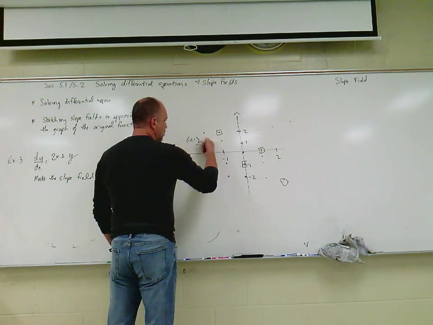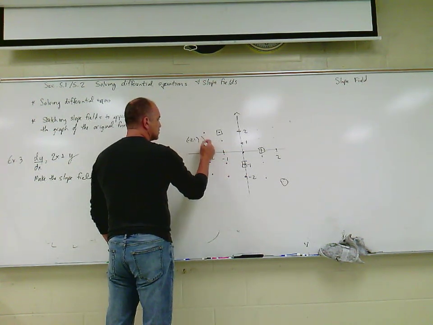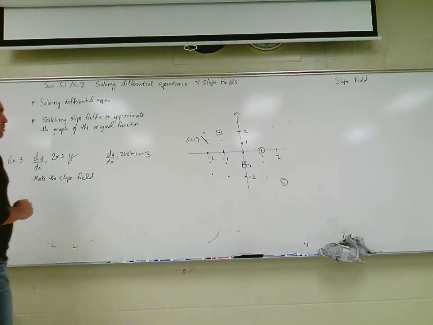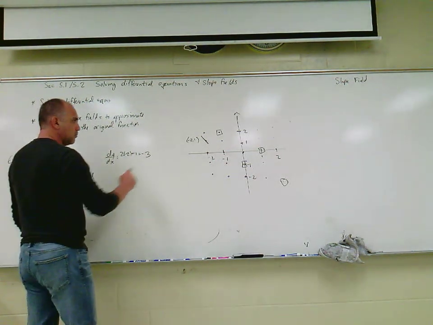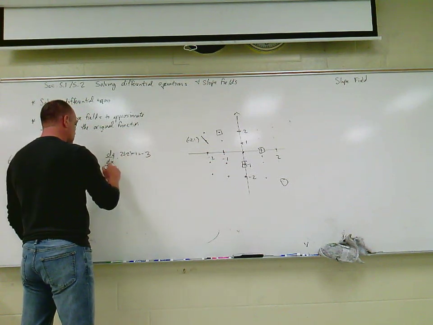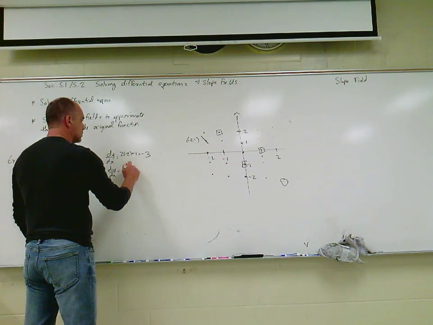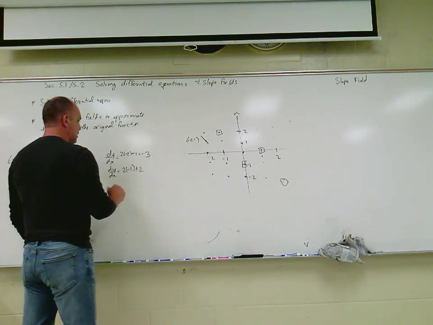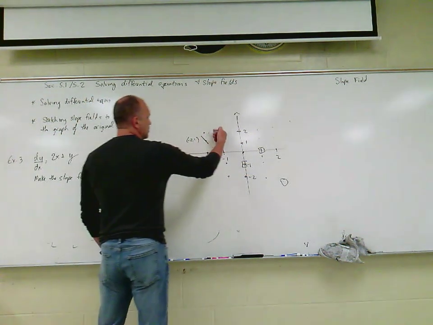So I'm going to draw my best slope of -3. Okay? We'll do the next one, -1, 2. Now you've got to fill out all of those. And I got 0 there.